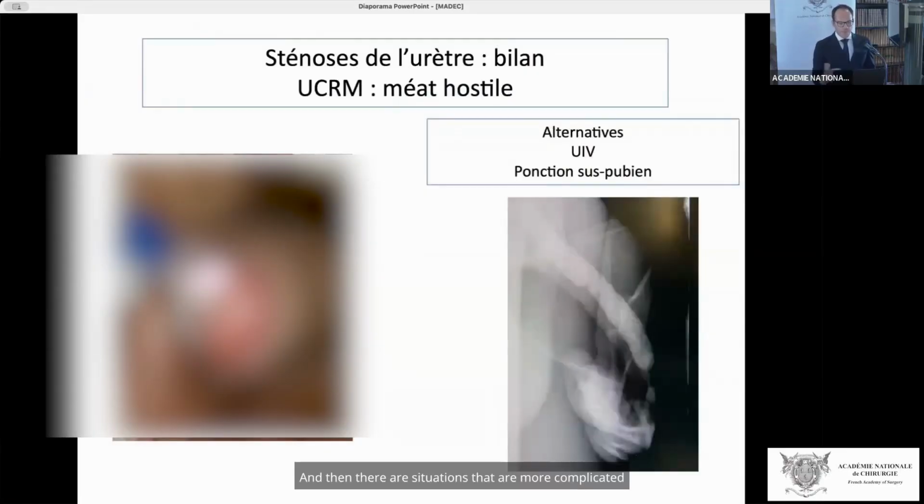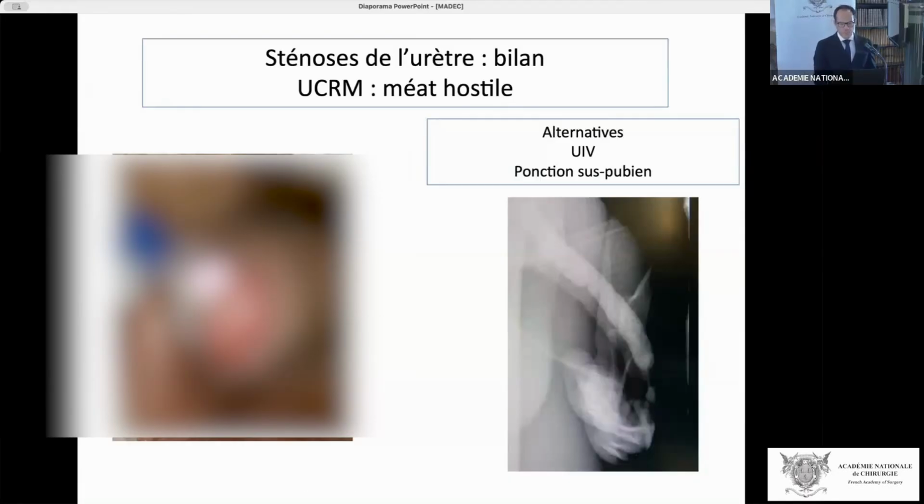And then there are more complicated situations where we have to use certain tricks to do the retrograde phase, especially in these patients. We can put in small catheters to inject the contrast medium, or else move on to even more ancestral techniques, which include intravenous urogram or suprapubic puncture, where we inject product and ask the patient to urinate in order to get a good image and correctly evaluate the length of the stenosis.